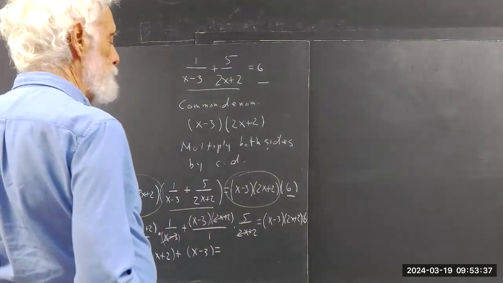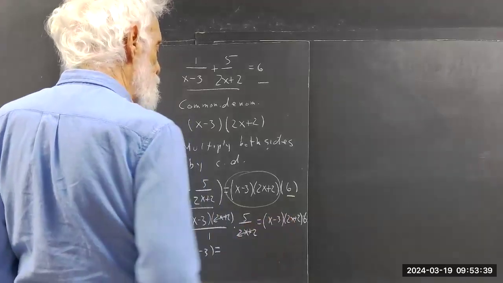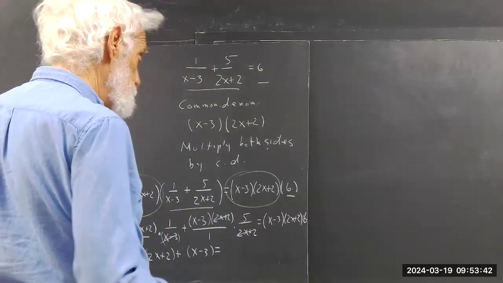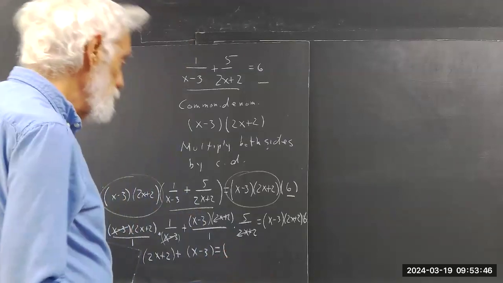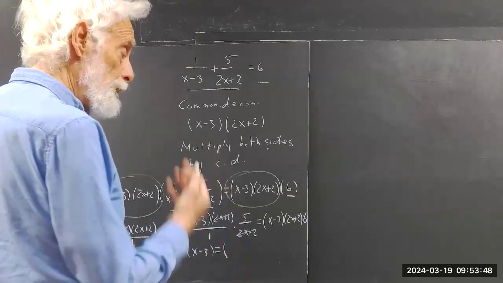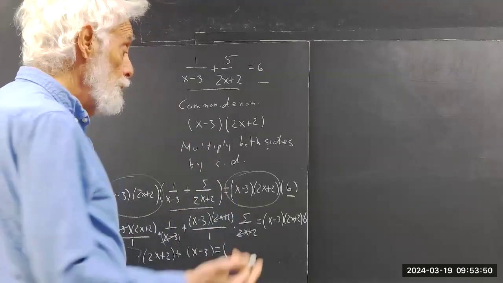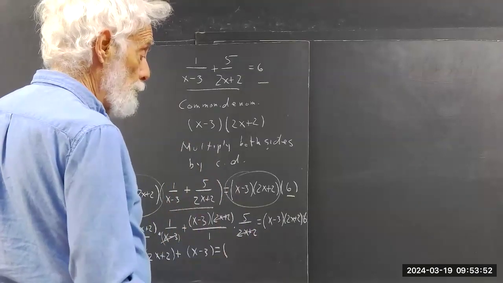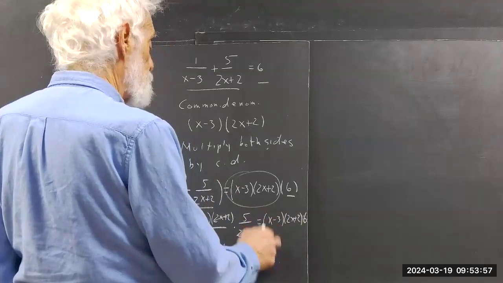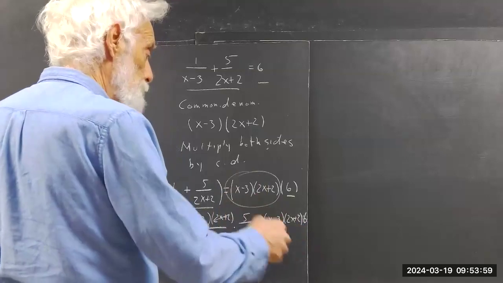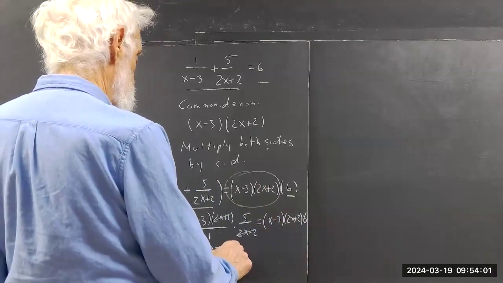And we multiply this out using the distributive law. And I'm not going to go through the details of the distributive law, but I expect you to do the details when you write it out. Don't just write out what you think. It's going to be x times 2x plus 2 minus 3 times 2x plus 2, and then you multiply the individual terms.